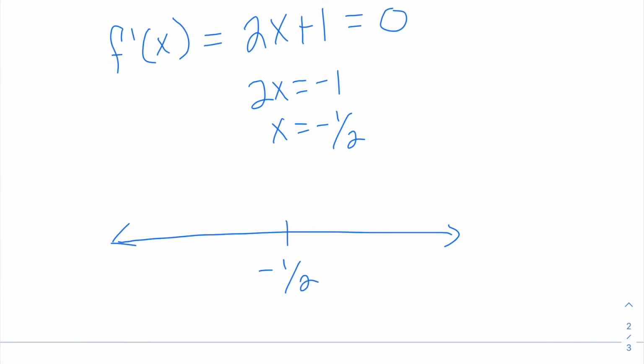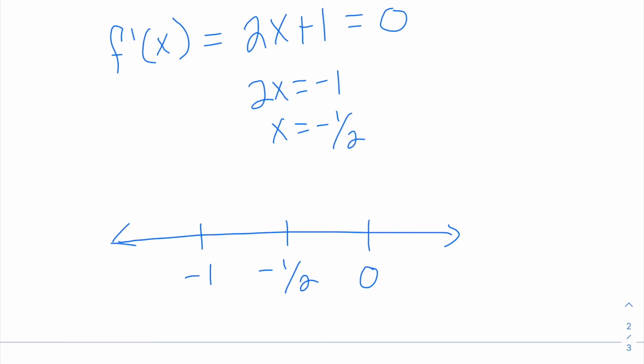If we think of our derivative function of 2x plus 1, and we think of x equals negative 1/2, let's try a value to the left and to the right of that critical point to see whether we're looking at a local max or a local minimum value. So here, if we try negative 1 and if we try 0, let's see what kind of result we get.